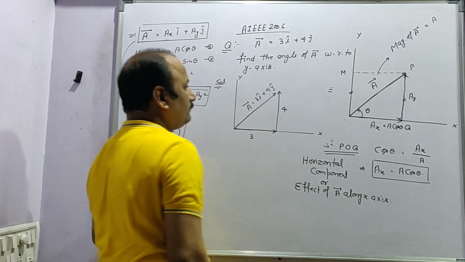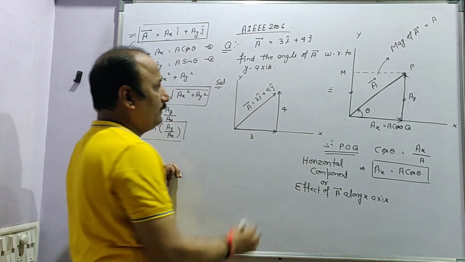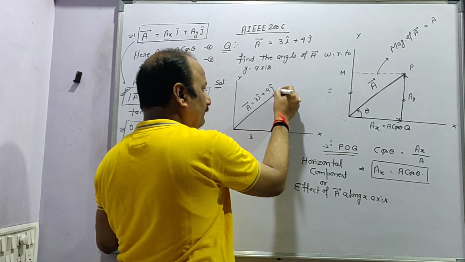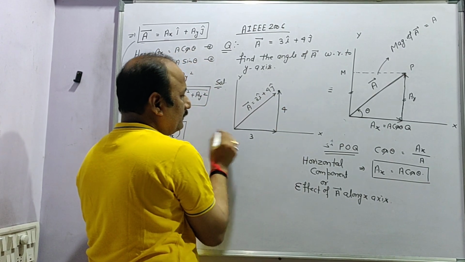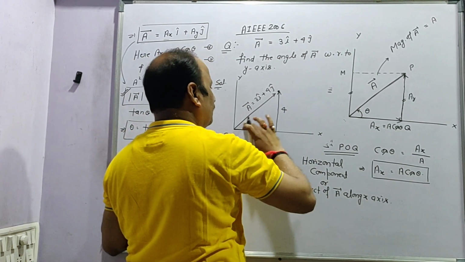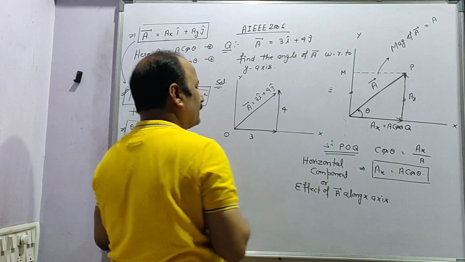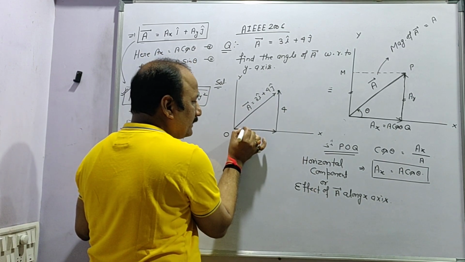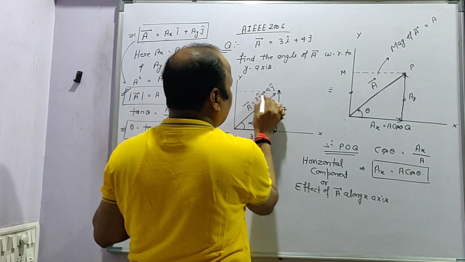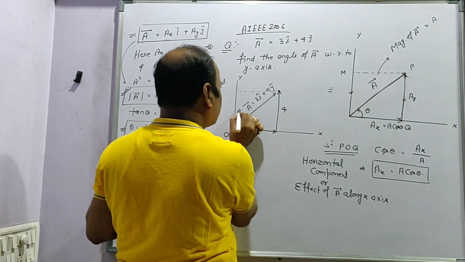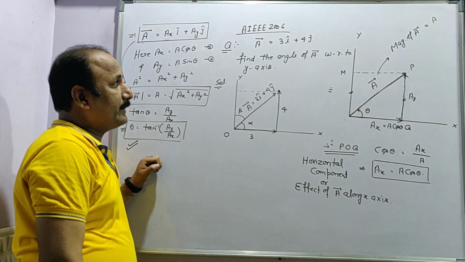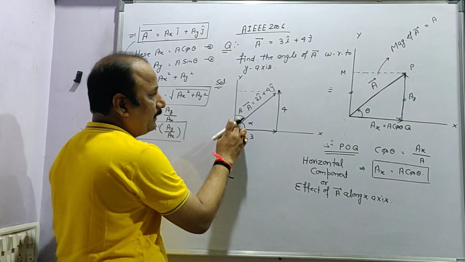Or we can say there is a particle whose position vector with respect to origin is 3 i cap plus 4 j cap, which is the resultant. Now what will be the angle with respect to x axis? Let us take alpha. And what will be the angle with respect to y axis? Now the question is to find the angle of vector A with respect to y axis, so just take beta.